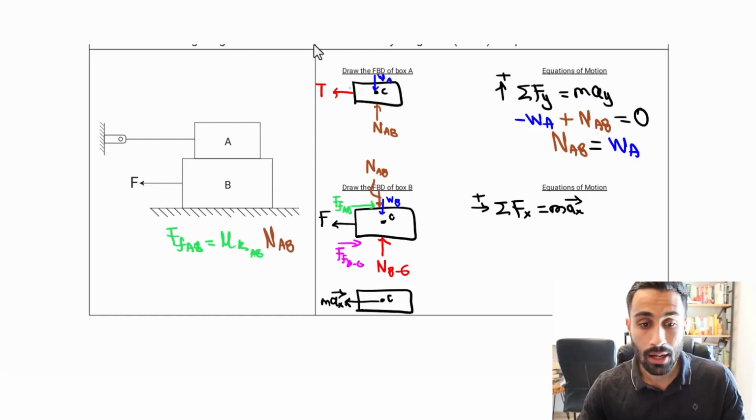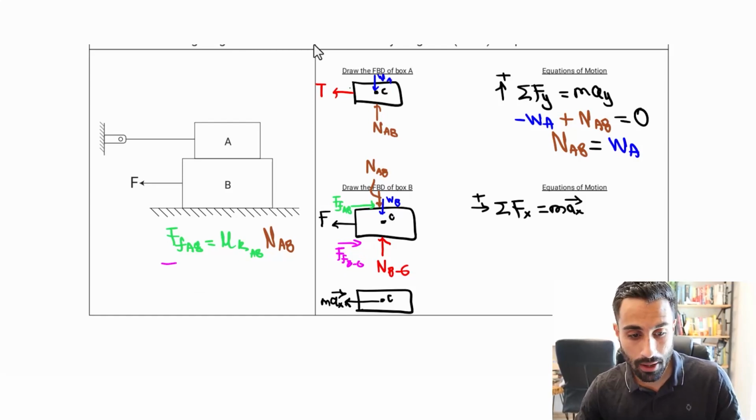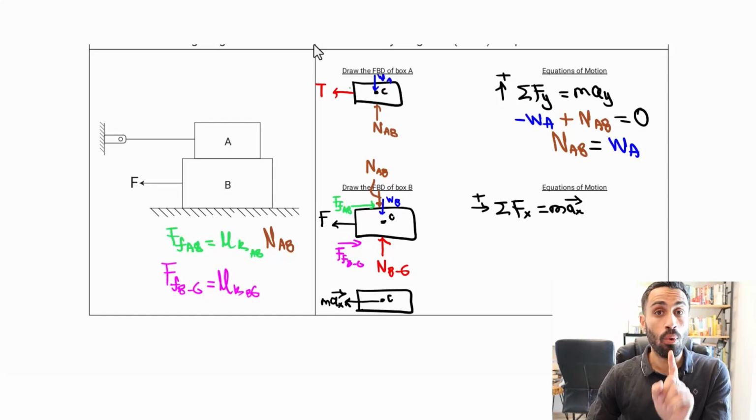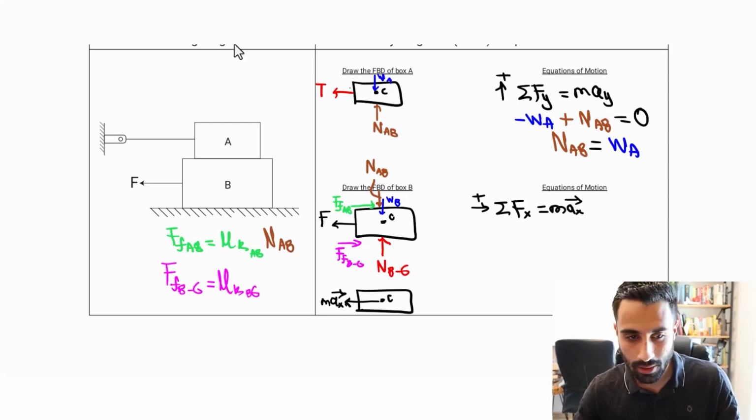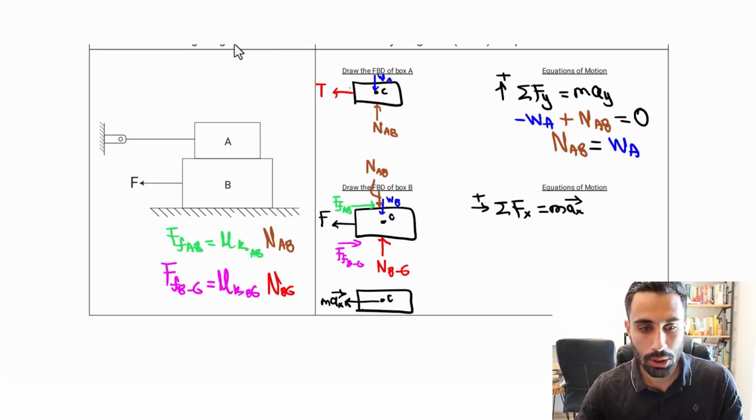Now the force of friction here, let me put that on the right. Between block B and the ground is going to be the coefficient of kinetic friction between block B and the ground times the normal force BG, the one in red. Very important there to keep that consistent. So what we'll do is put those in there.